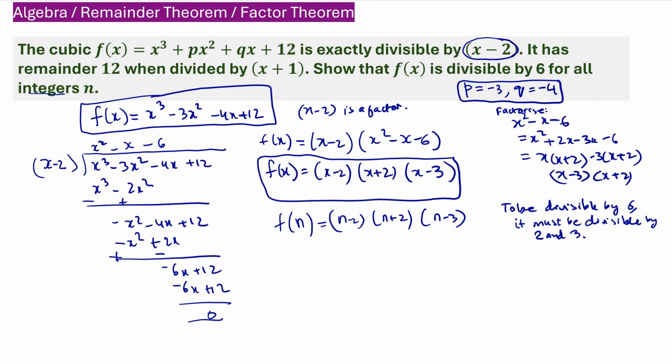Now suppose n equals 5, then f of 5 will be 5 minus 2, that is 3, times 5 plus 2, that is 7, times 5 minus 3, that is 2. And that is divisible by 3 and 2.